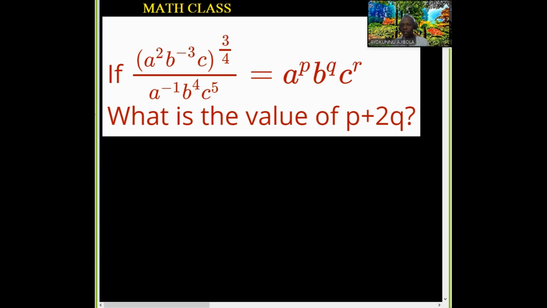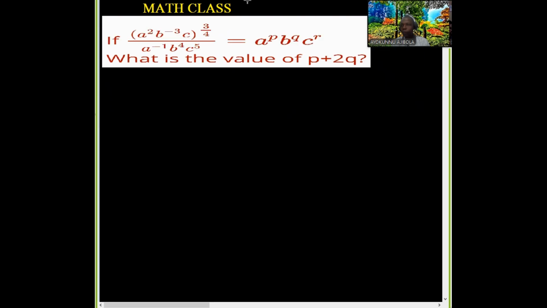So let's get started. First, I need to reduce the size of this so we can have some space at the top. Okay, so what I have here is a squared, b raised to power minus 3, then c raised to power 3 over 4, all divided by what's at the bottom. But instead of using that division line, I'll prefer to use this division line and just put this parenthesis here.